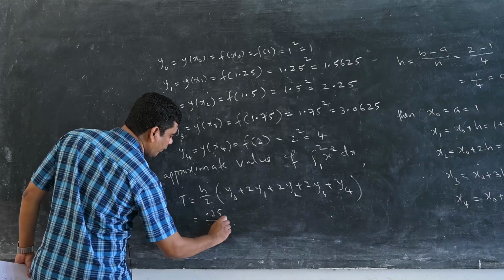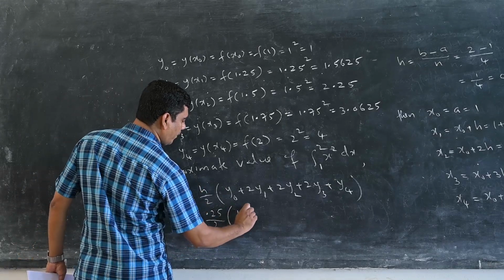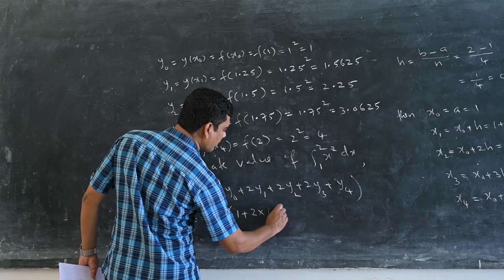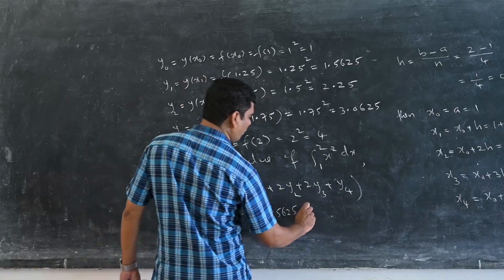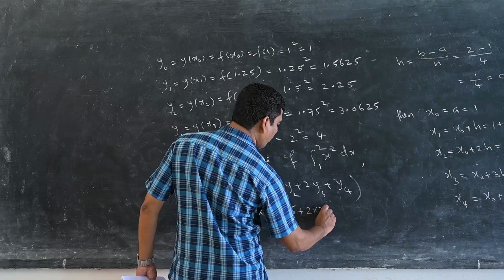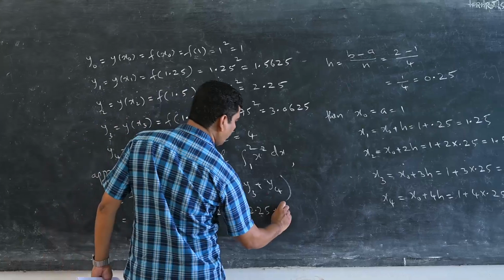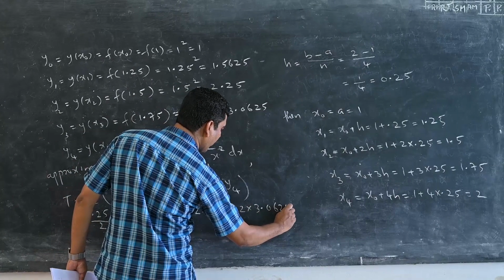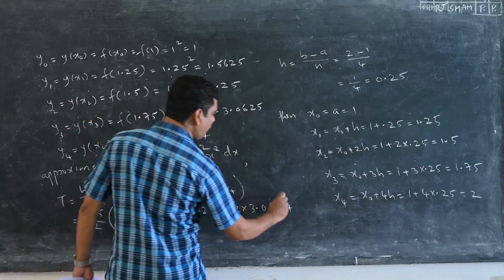This is equal to 0.25 divided by 2 into y naught is 1, 2 into y1, 1.5625, 2 into y2, 2 into 2.25, 2 into y3, 2 into 3.0625 plus y4. y4 is 4.